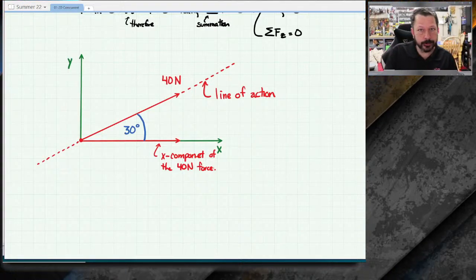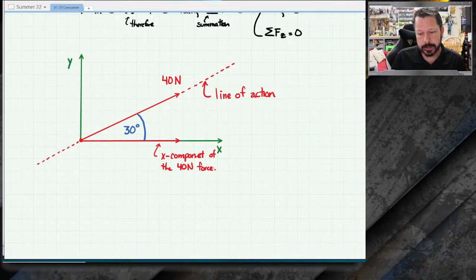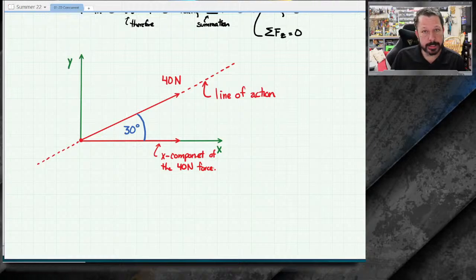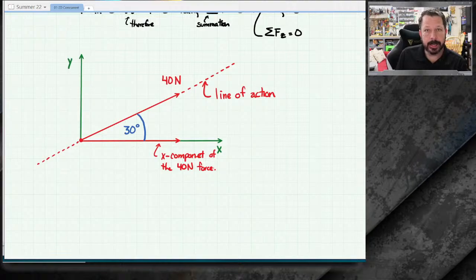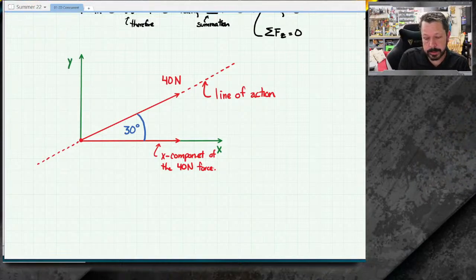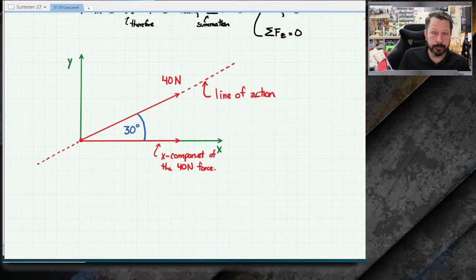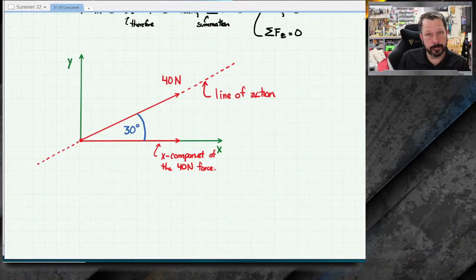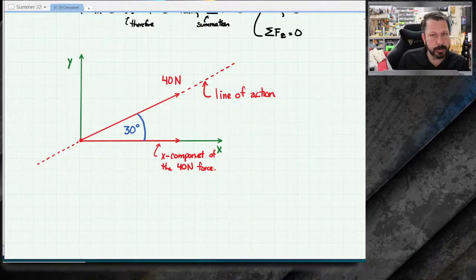So if I actually drew these out accurately, and that length of the 40 Newton force was proportional to whatever this x component is, then I could actually use the diagram to tell me one thing. I know this x component is less than 40 newtons, but I could actually measure their lengths if I had drawn everything accurately, and I would be able to get close to the value of this x component just by measuring it.